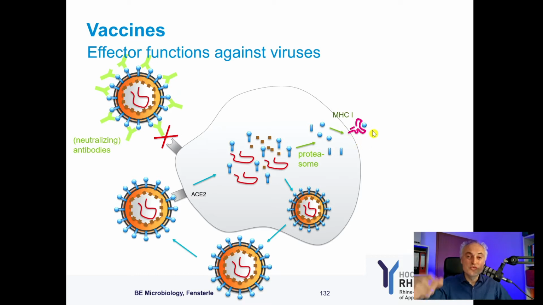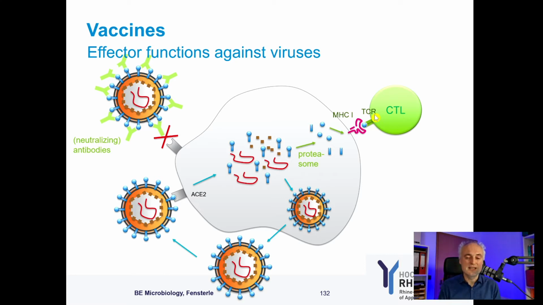You will, if you choose immunology as an elective module, learn that it's associated with the MHC class 1 molecule. This complex here, the viral part and the presenting part, can then present these virus parts to cytotoxic T cells. This interaction happens via the T cell receptor, and it is specific.